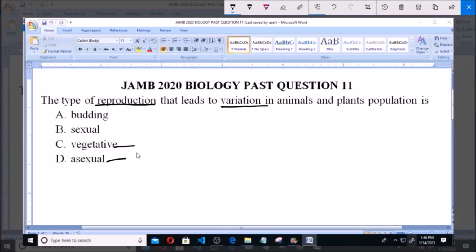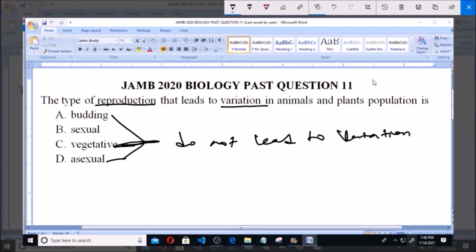Budding, vegetative, and asexual reproduction can be classified as one, and because they do not involve two parents, because they do not involve the transfer of genetic materials from one individual to another, we can say that this type of reproduction does not lead to variation. Asexual reproduction does not lead to variation because there is no crossing over, there is no change or transfer of traits from one organism to another.